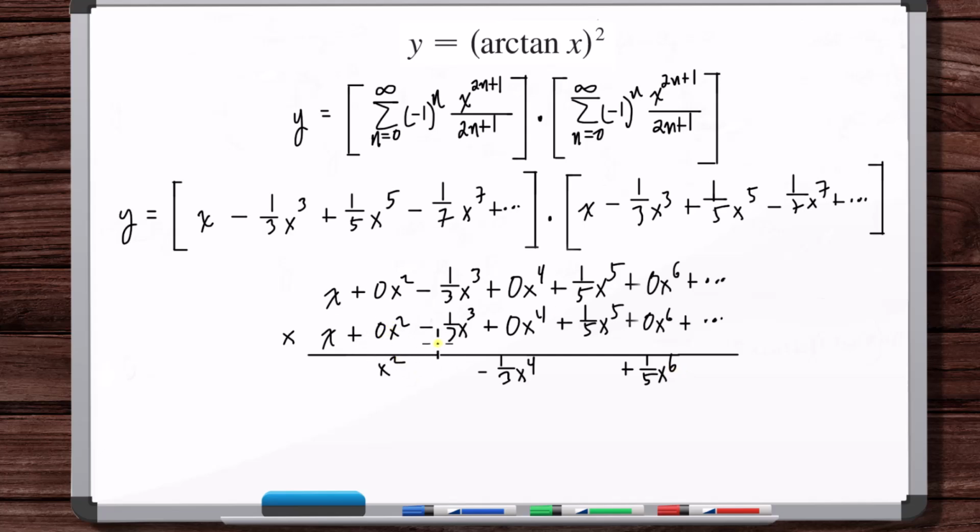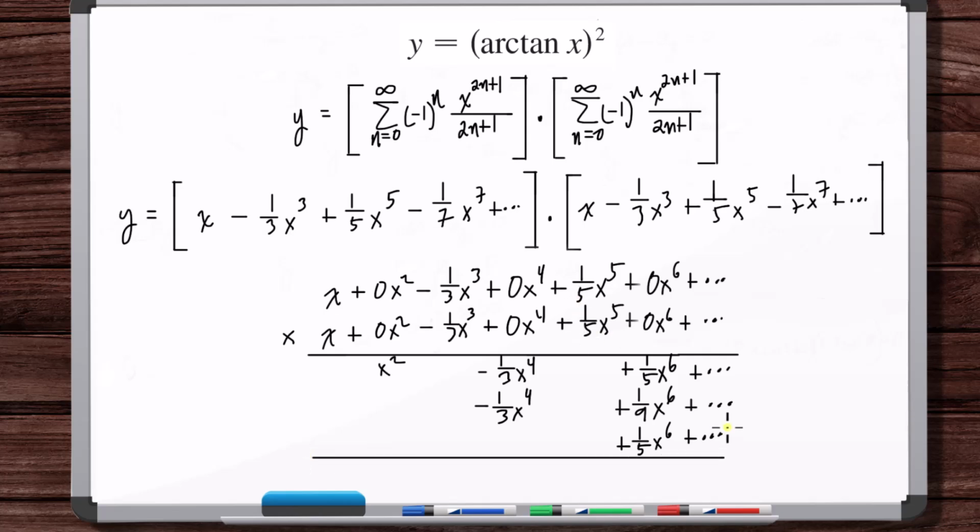Okay, minus 1/3 x cubed times x is minus 1/3 x to the 4th. Minus 1/3 x cubed times minus 1/3 x cubed is positive 1/9 x to the 6th. Okay, 1/5 x to the 5th times x is positive 1/5 x to the 6th.